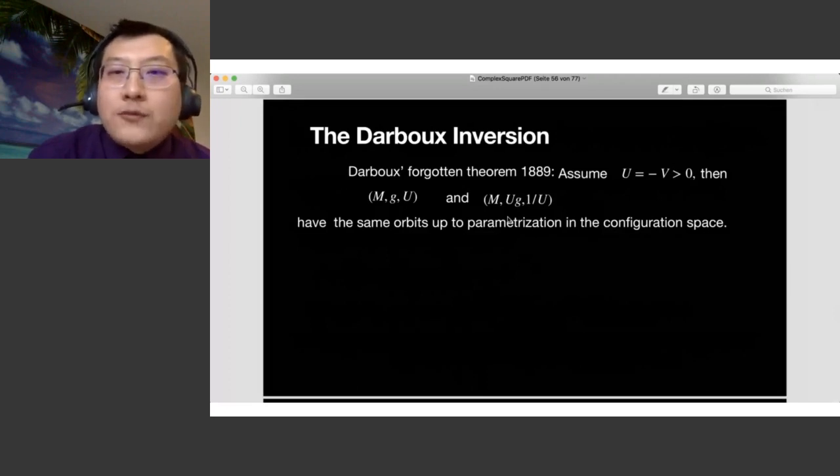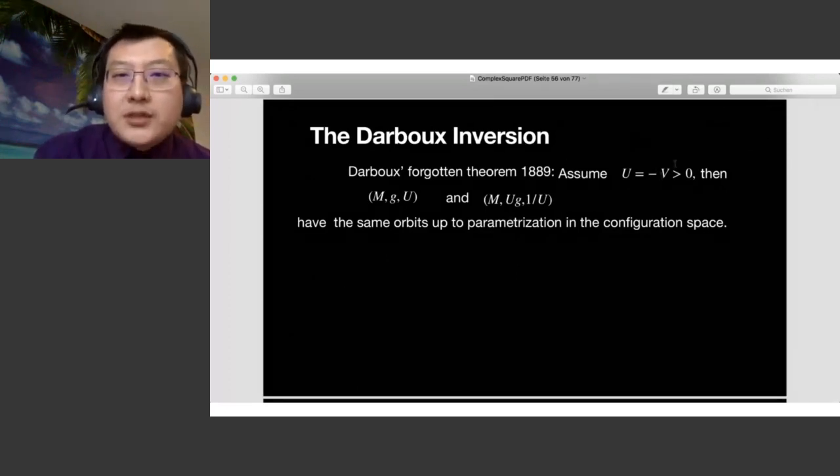So before, we always use the notation that V is a potential, so it's a potential energy, and minus V is traditionally called the force function. If we have a Riemannian manifold (M, g), and we assign to it a force function U, which is only a function on M, then this will give us a mechanical system.